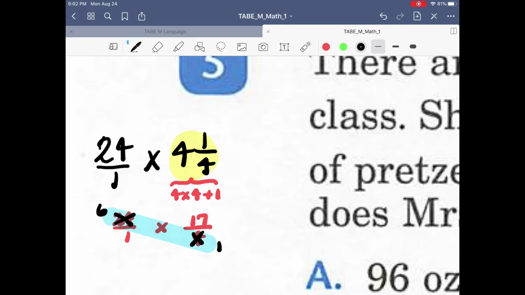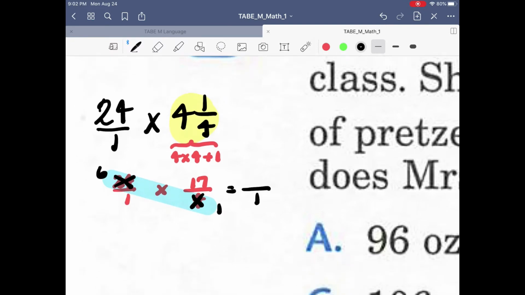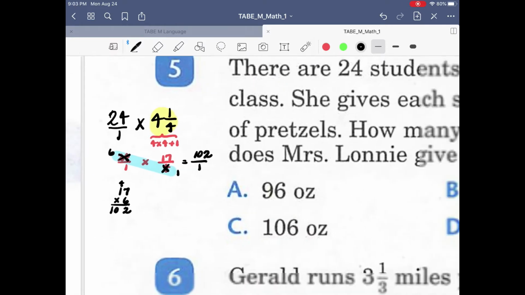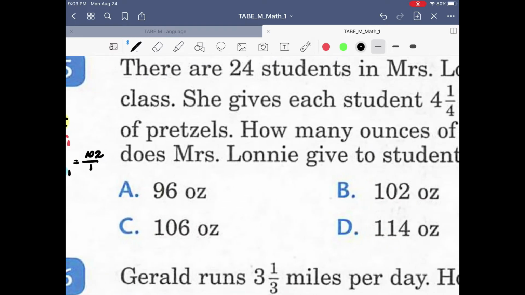So this one shapes up nicely on the bottom. We get a 1, but I need to do that 17 times 6. If you have a calculator and you're allowed to use it, go to that. So 102 over 1 is the same as 102. So for number 5, I am liking answer B.